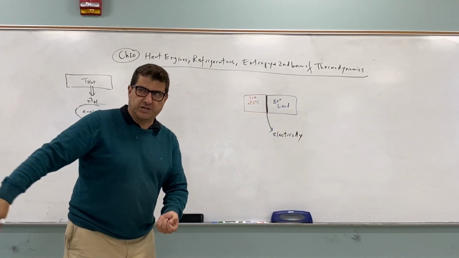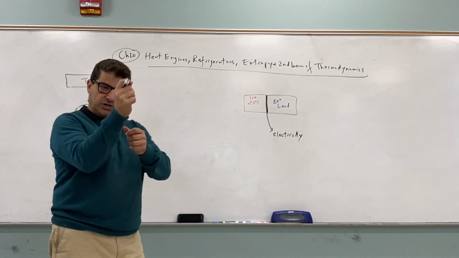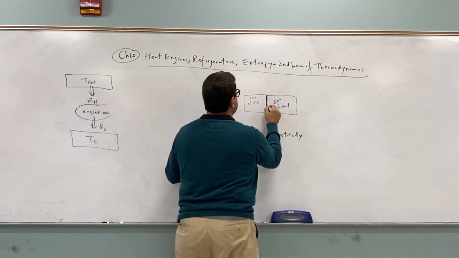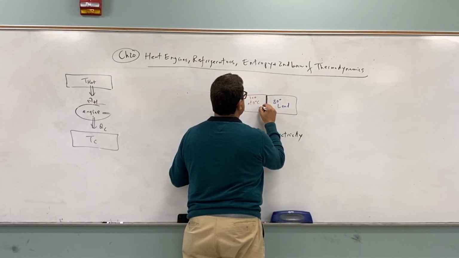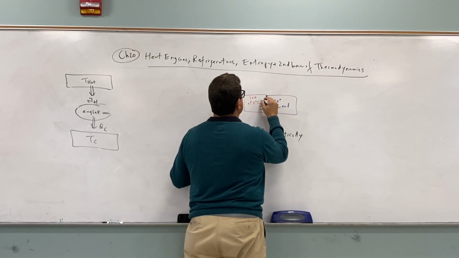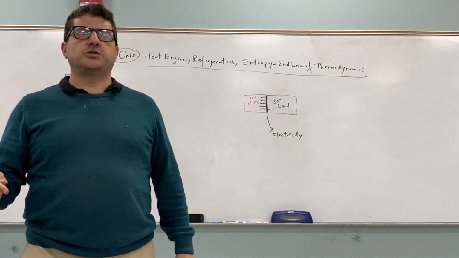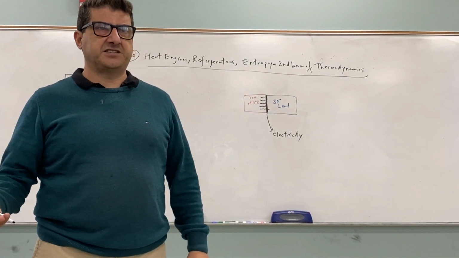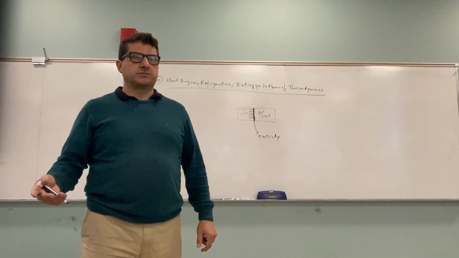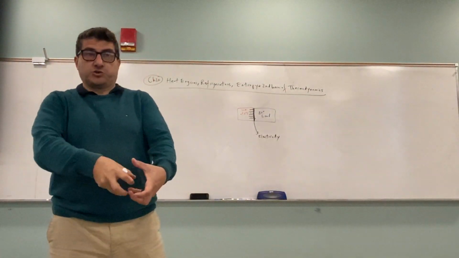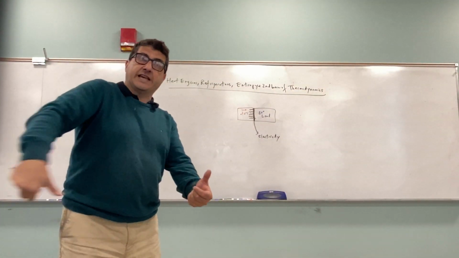So now I'm putting in the power, electrical power, putting it in between. Can I use that to extract heat from the ice and to continue to freeze the ice? In other words, extract heat from a cold reservoir by putting in energy.